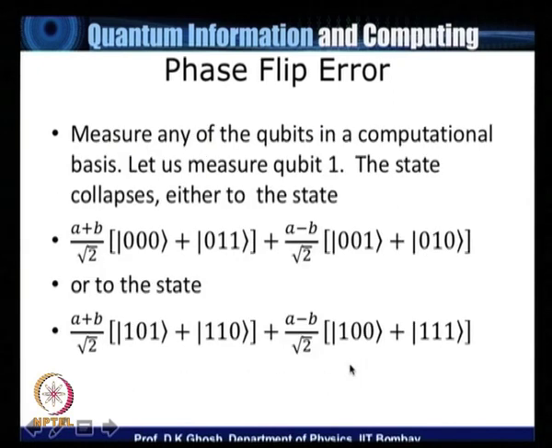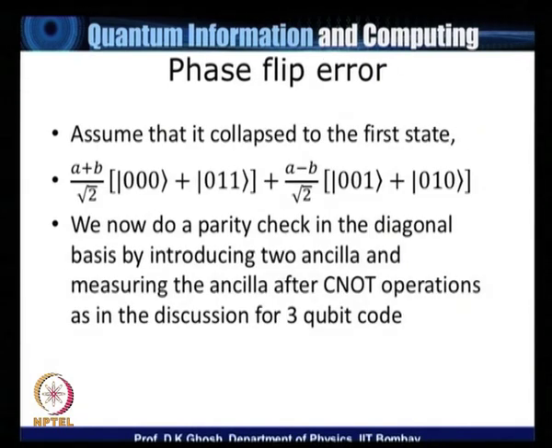This is what is illustrated here, that the state collapses either to the state on the first line for which the first qubit has a value 0, or to the state which is on the second line for which the value of the first qubit is 1. Now let us suppose that it has collapsed to the first state.